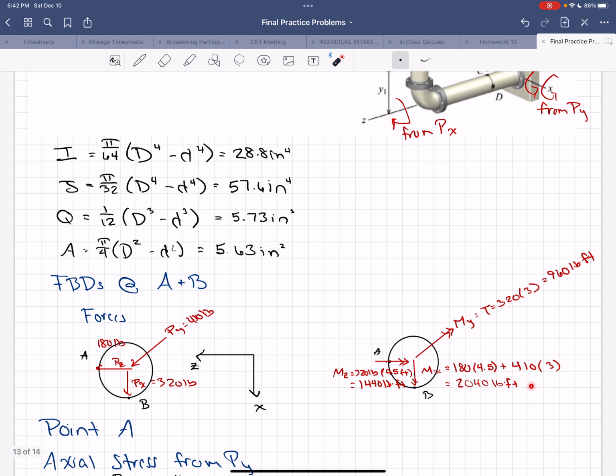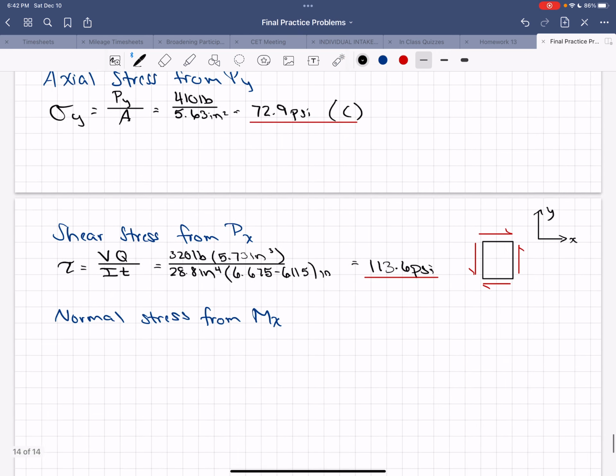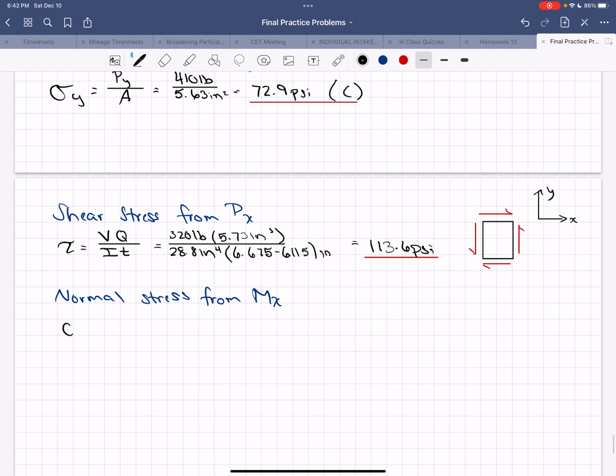So MX is this 2,040 pound-feet. All right, so for the bending normal stress equation, sigma, this is going to be in the Y direction. It acts in the longitudinal direction of the pipe. That equals MX over I.